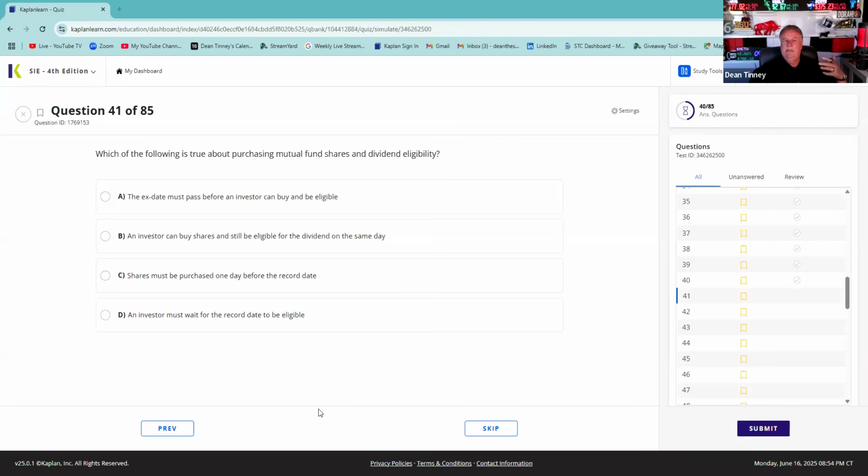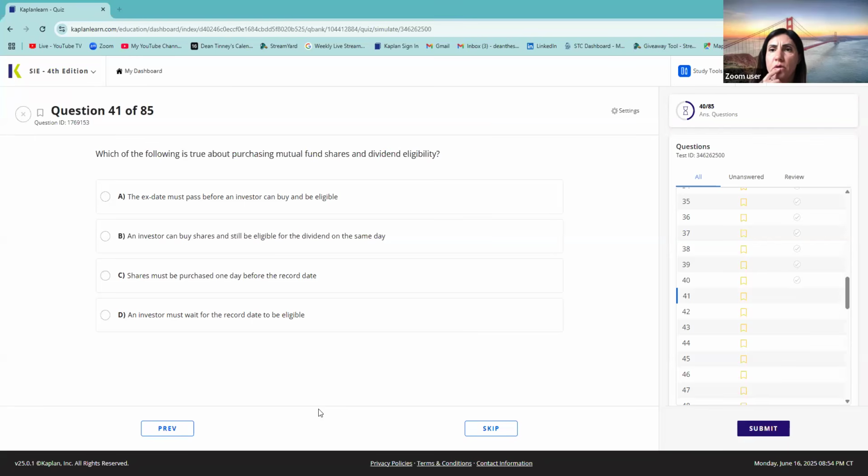So they're asking about the day before the ex, because that's the last date you can buy a security and be eligible for the dividend. Correct. So the ex day must pass before an investor, that's not true.